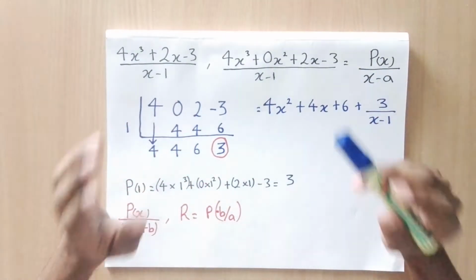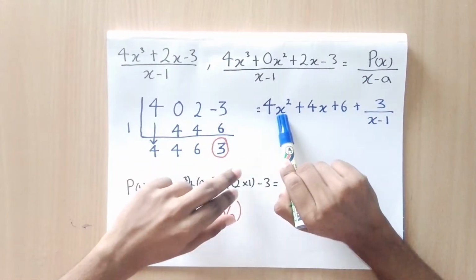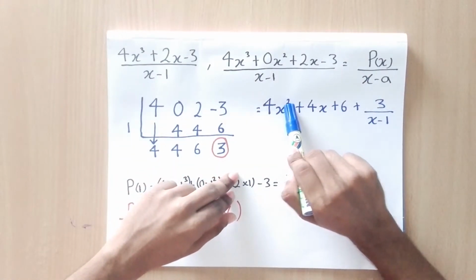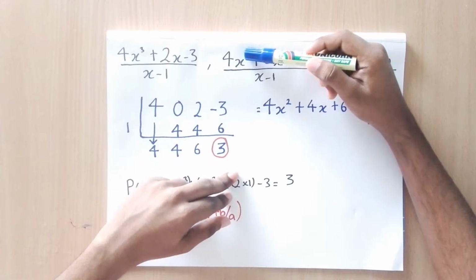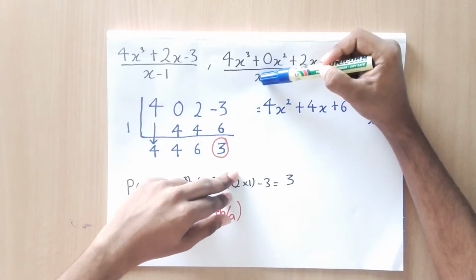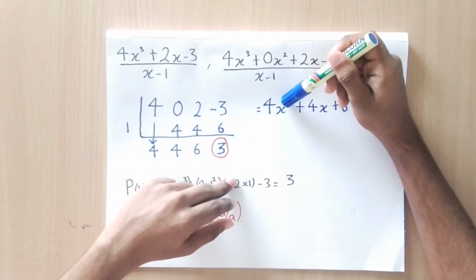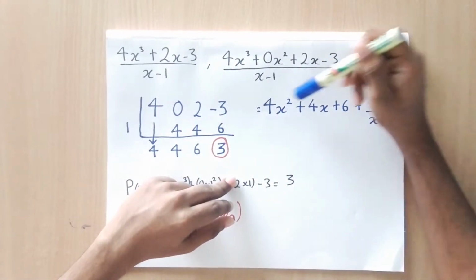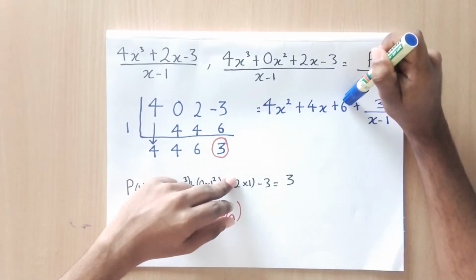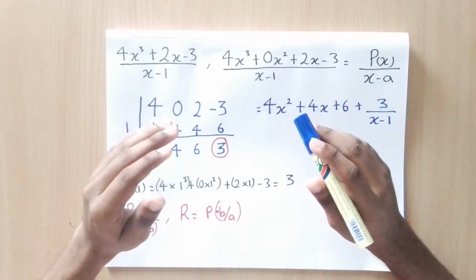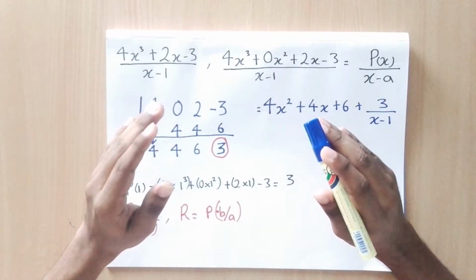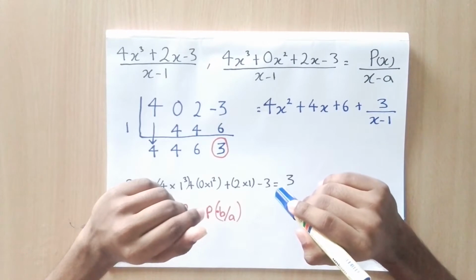Here the highest degree of the quotient is 2 because when x cubed is divided by x, we get x squared. Thereafter, the degree decreases gradually: 2, 1 and 0.